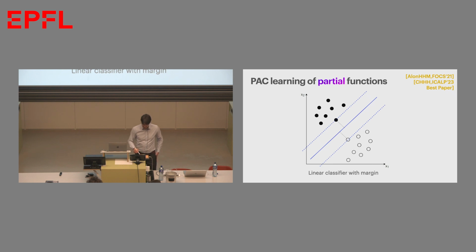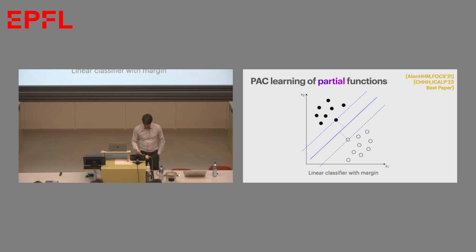Here's maybe the simplest example. Maybe you want to learn some kind of linear classifier with margin, a linear separator on the plane, and you're given positive examples and negative examples to your learning algorithm, and you're guaranteed that those samples don't come too close to the line. So there is some kind of margin where samples are not coming from, so they're well separated.